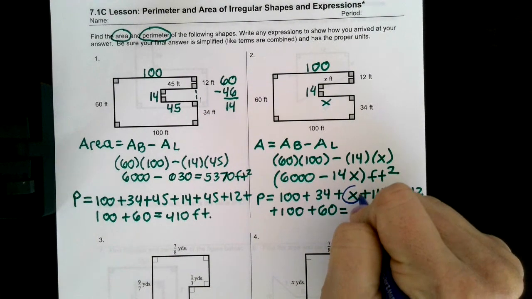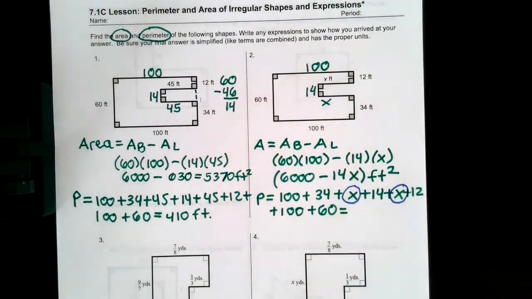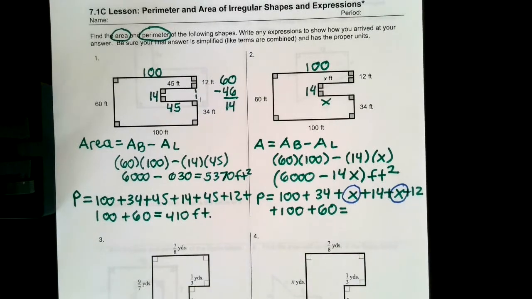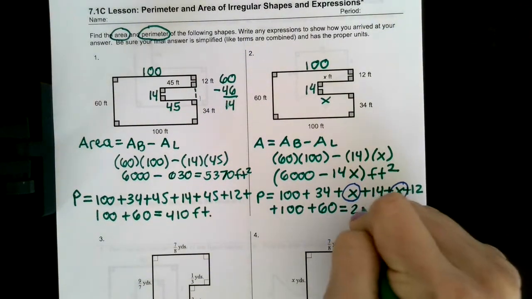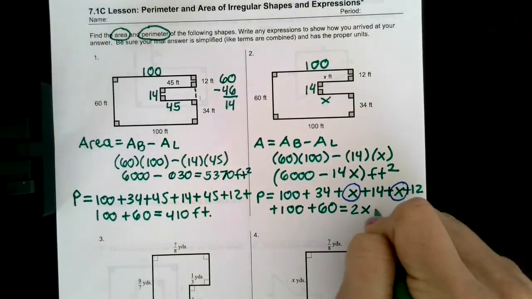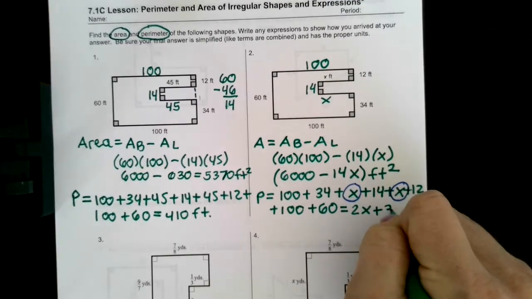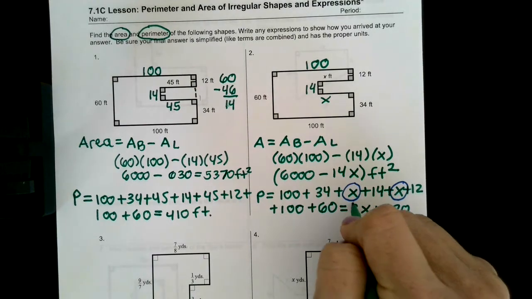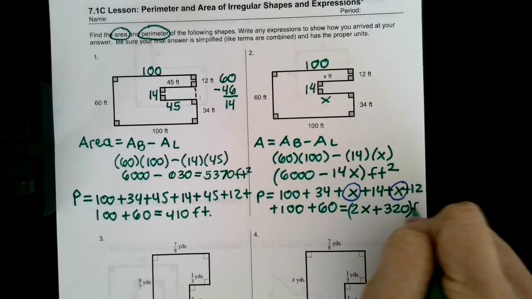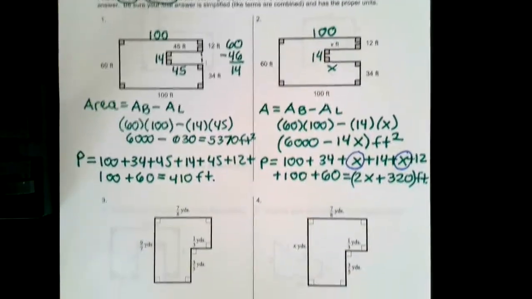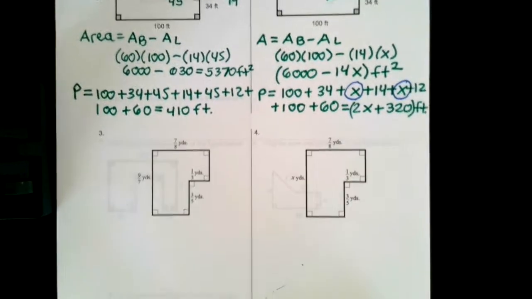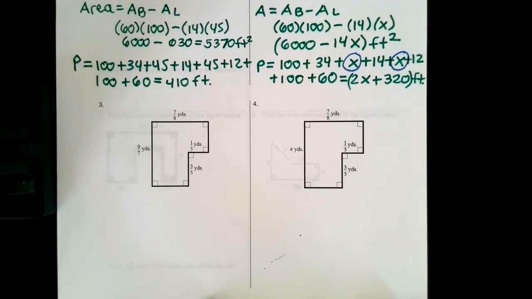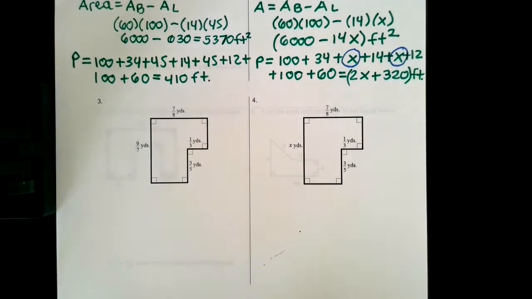I notice that I have an x and an x, which are like terms. So I'm going to add those two quantities together and get 2x. And if I add all my numbers together, I get 320. So in order to complete my answer, I need to add feet. Units are very important. Okay, moving on to number 3.